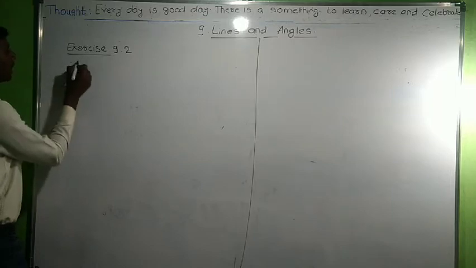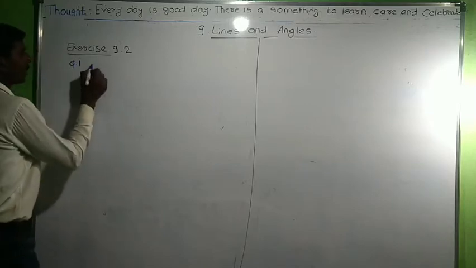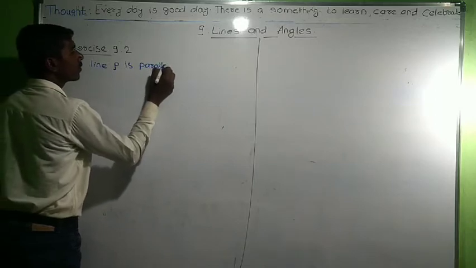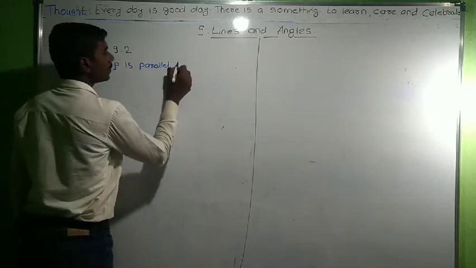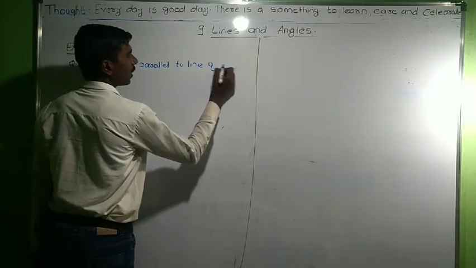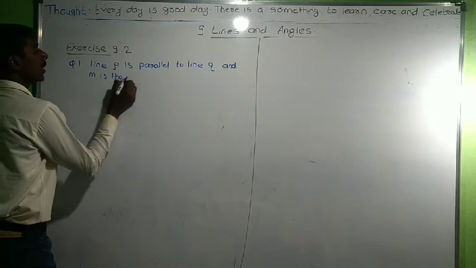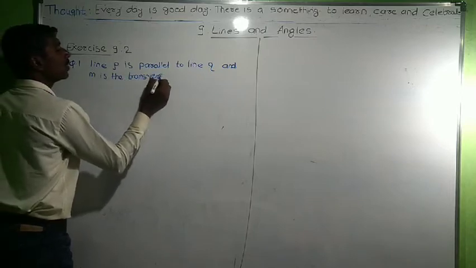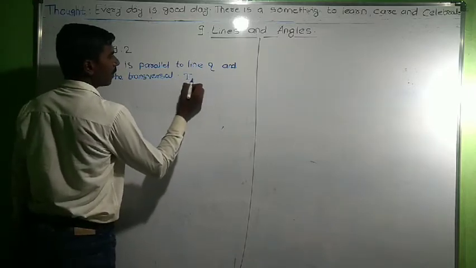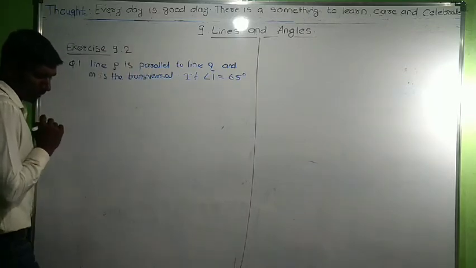The first question, number 1, is: if line P is parallel to line Q, and M is the transversal, and angle 1 is equal to 65 degrees, then find the measure of the remaining angles.